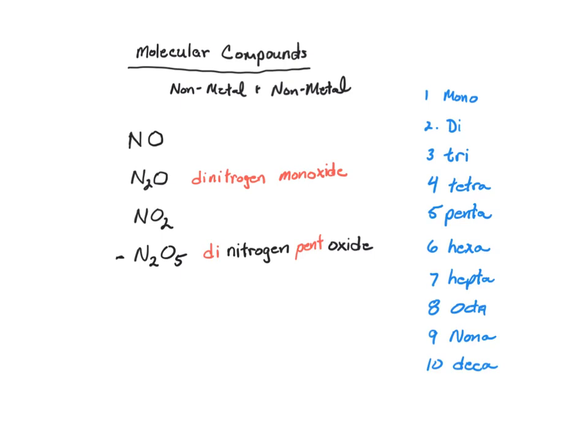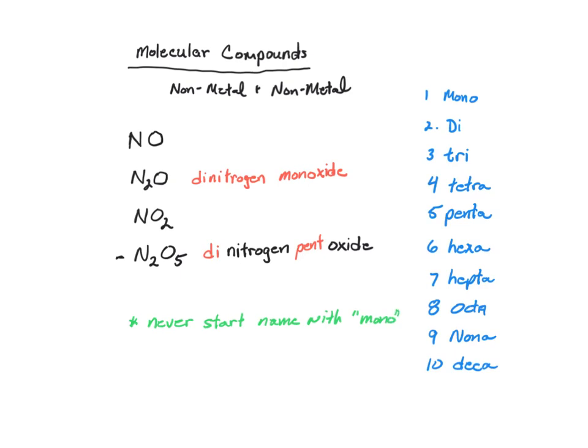Now there's one other rule that we need to bring up here. And that is that if we have a compound where the first element only has one atom, we never start the name with mono. It's just a convention that we follow. So instead, we just leave the prefix out.